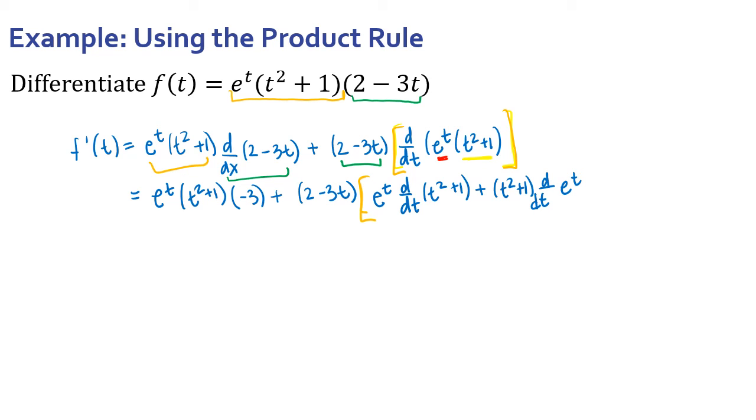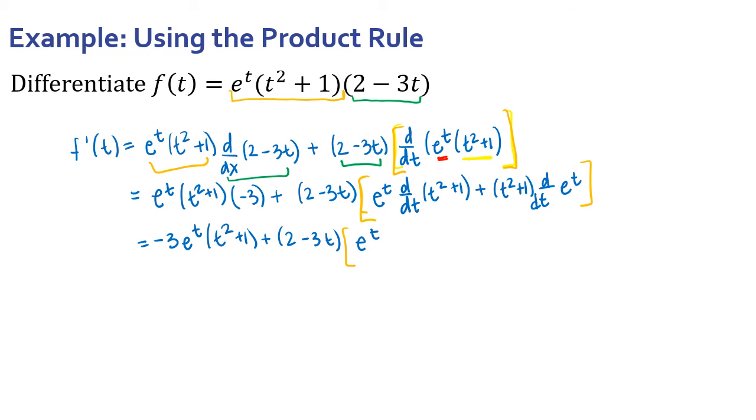All right, super yuck. So let's just work out what's inside those parentheses. Okay, so I'm going to move this negative 3 in front. All right, so I get that, plus this 2 minus 3t. So let's evaluate what's inside here. That's going to give us e to the t times the derivative of t squared plus 1.